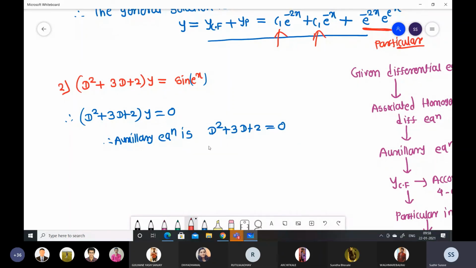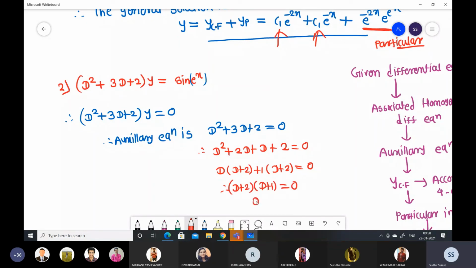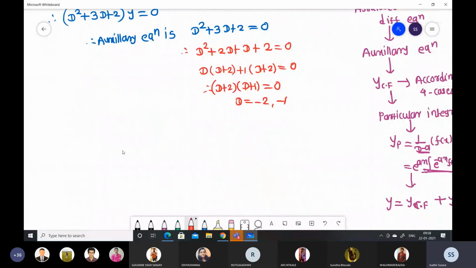Yes, D square plus 2D plus D plus 2 is equal to 0. So D plus 2 can be taken common, D plus 2 into D plus 1 is equal to 0. So D is equal to minus 2, minus 1, and both roots are real and distinct. Therefore YCF will be C1 e to the power negative 2x plus C2 e to the power negative x.